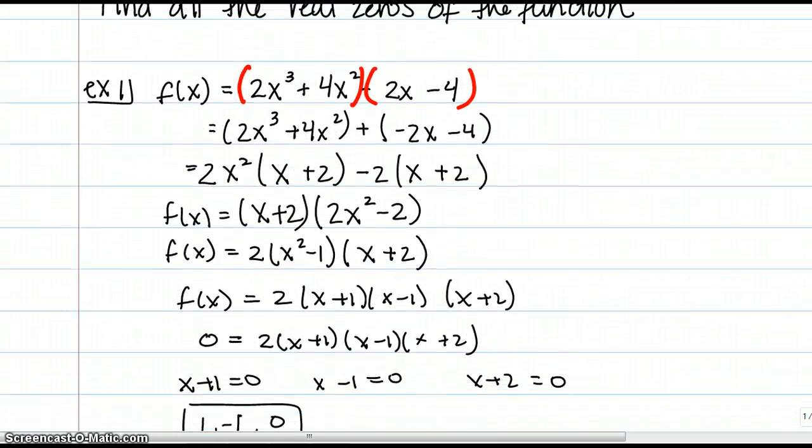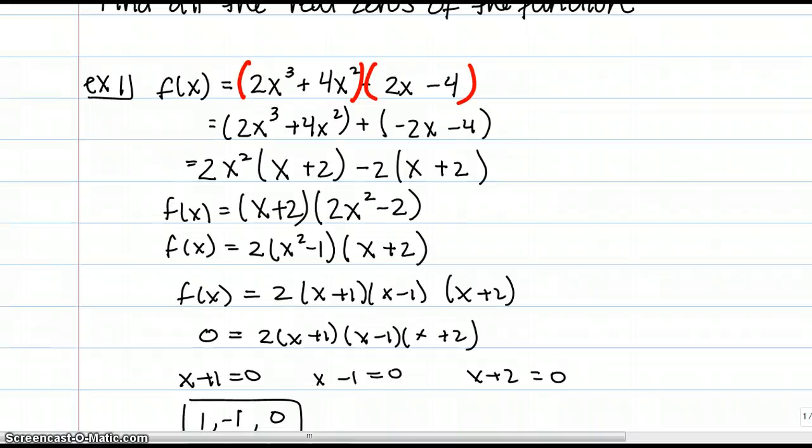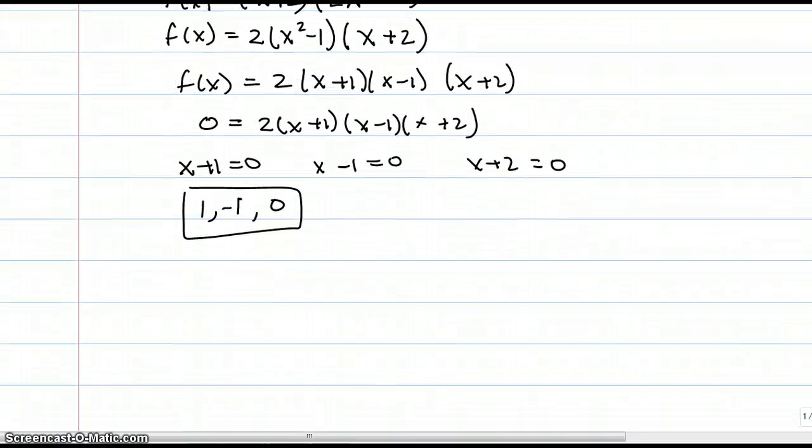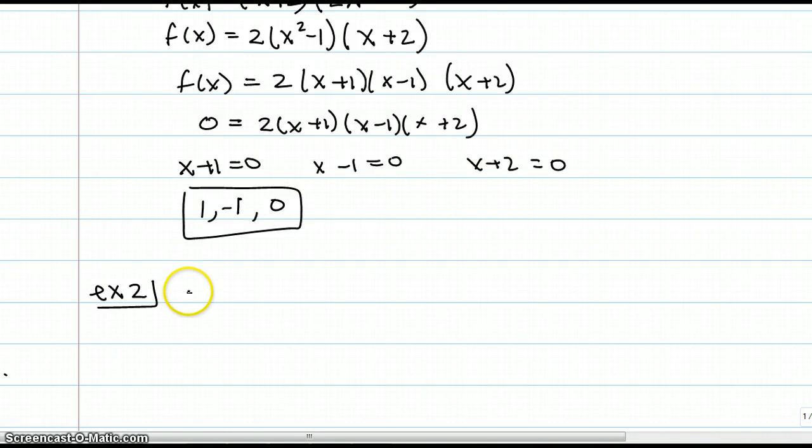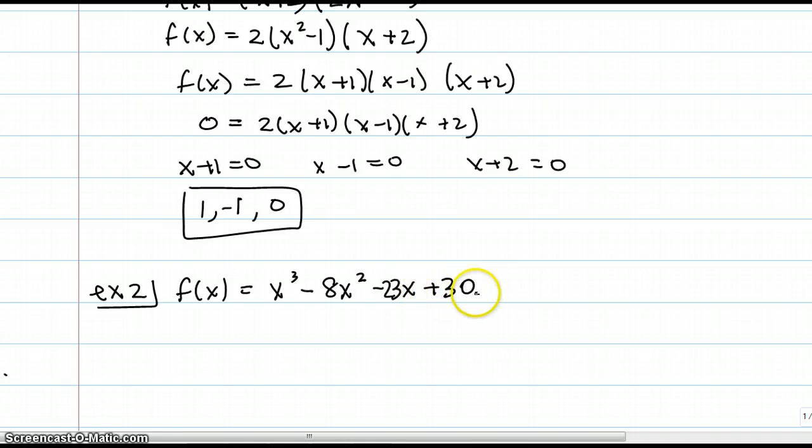But unfortunately, not every polynomial can be factored by grouping. So that's why we learned synthetic division. If I wanted to use synthetic division to do a problem like this, here is what I would do. Remember that the directions are to find all zeros. So my function is f of x equals x to the third minus 8x squared minus 23x plus 30.